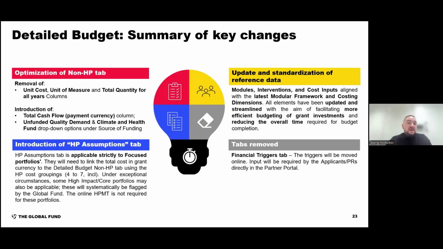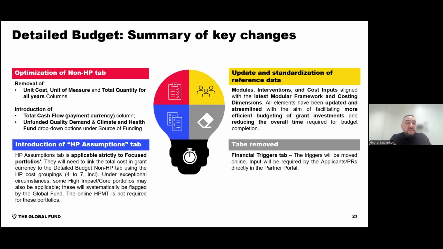For GC8, besides the module, intervention, activity description, cost input, and implementer, there will be only columns which introduce total cash flow per year, both in payment currency and grant currency. We believe that this will significantly reduce the time needed for the budget.